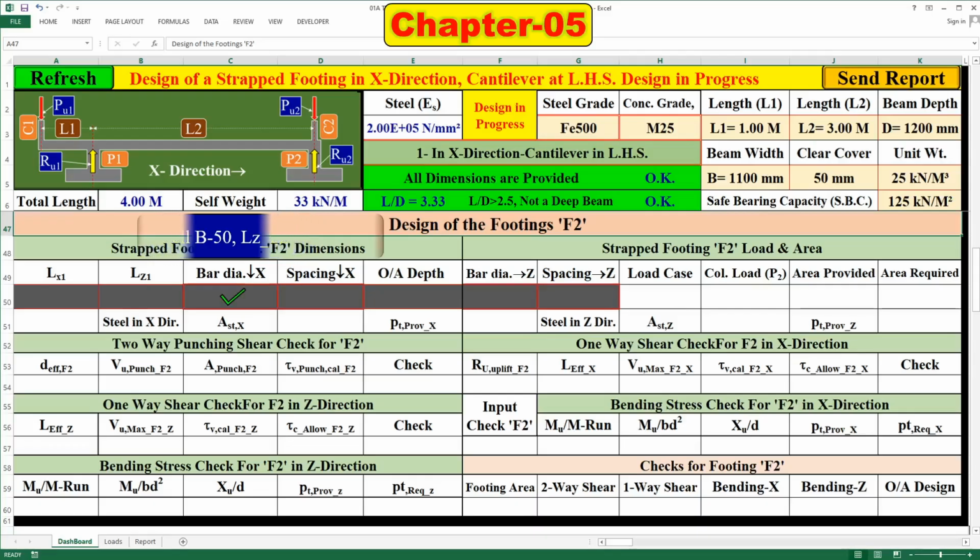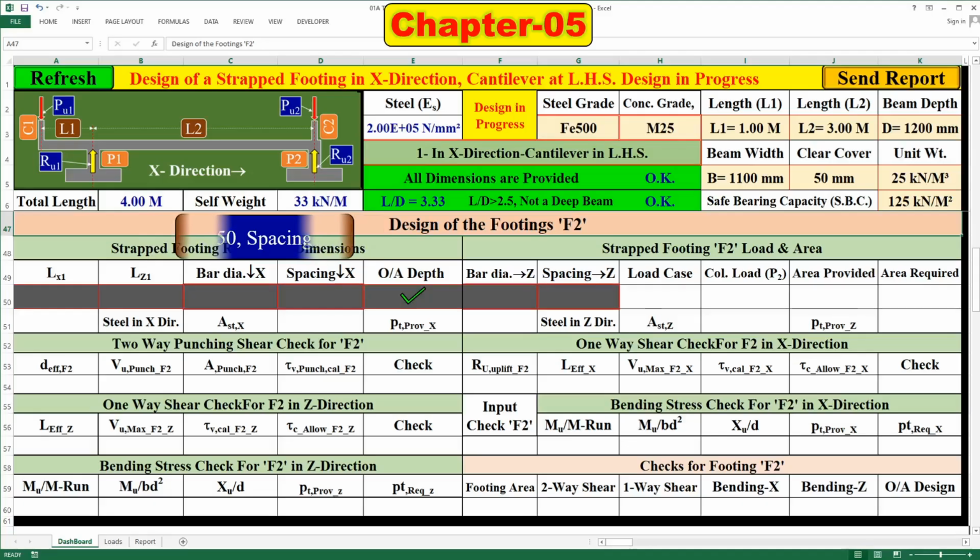Cell C50, defined name bar_dia_X_F2, it is the bar diameter of footing F2 in the X direction. Cell D50, defined name spacing_X_F2, it is the bar spacing of footing F2 in the X direction.